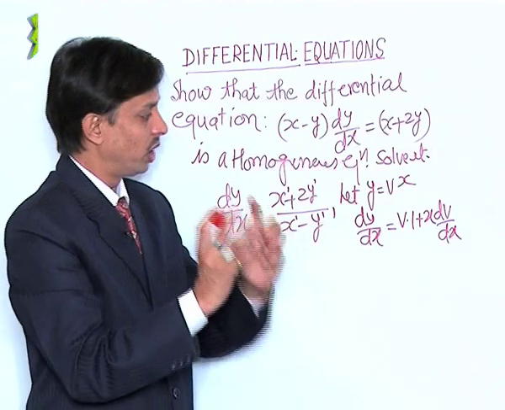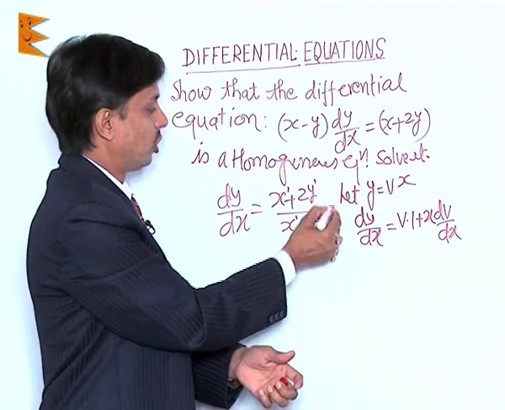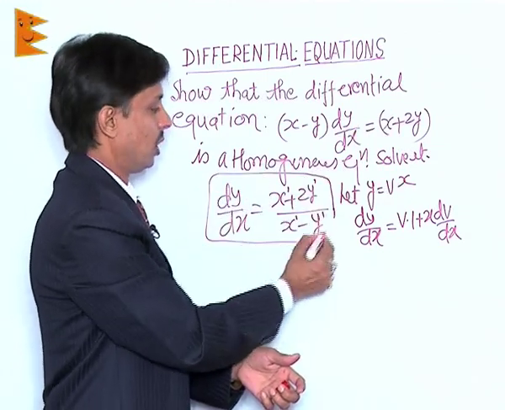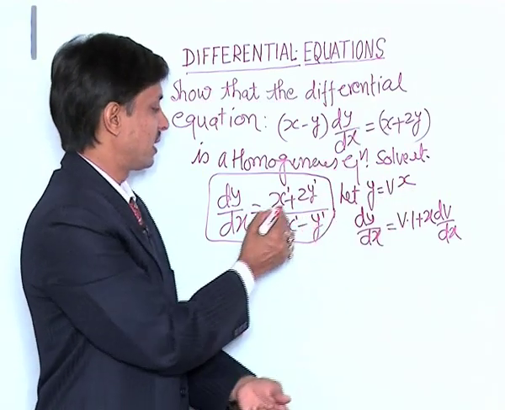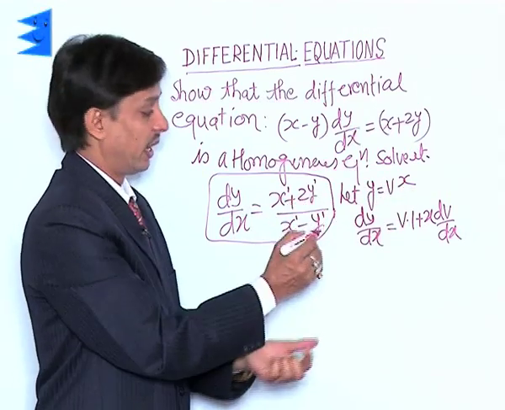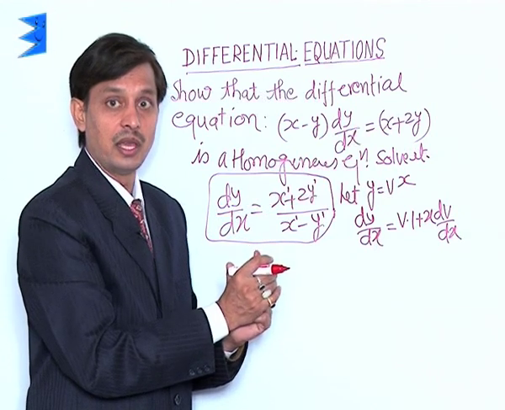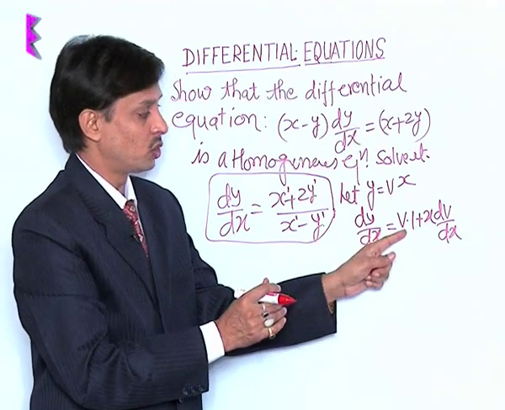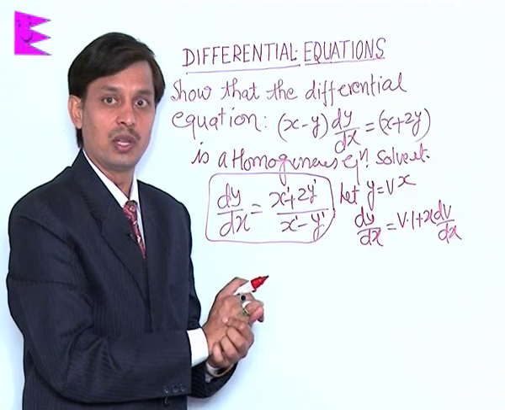So we need to make two replacements in this homogeneous equation. One replacement is y equals vx at both places. Another replacement is dy by dx equals v into 1 plus x dv upon dx.